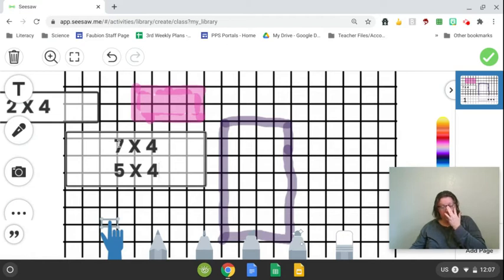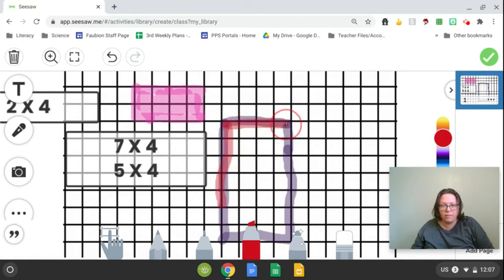So I'm going to take this 7, and instead of 7 times 4, I'm going to figure out what 5 times 4 is. So that's 1, 2, 3, 4, 5. And I can do that easily because I can just go 5, 10, 15, 20. So I know right now that what I have here is 20.